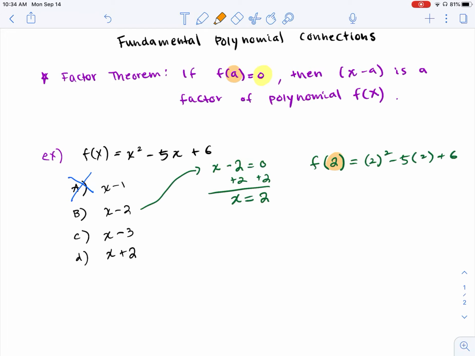So here, I plugged in 2. I'm going to simplify. And we got it. It equals 0. According to the factor theorem, if you substitute a and the entire function equals 0, then x minus a, which right now for our question is x minus 2, is a factor of polynomial f of x.